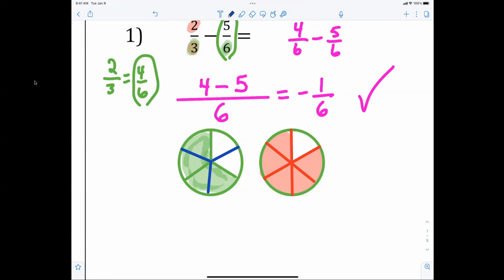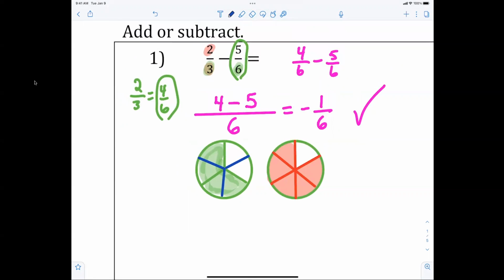And now if I have 4/6 and I remove 5/6, that means I'm going to have a what? -1/6. All right. So now everybody should understand why you have to get a common denominator. You have to get a common denominator because you're trying to add and subtract things that are unlike. You're not allowed to subtract things unless they're the same. So 1/3 and 1/6 are not equivalent.